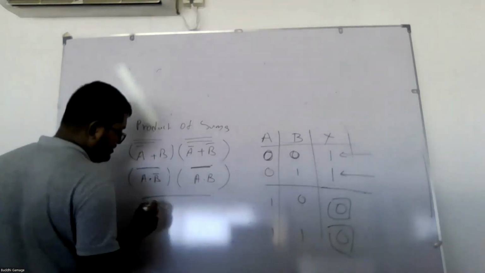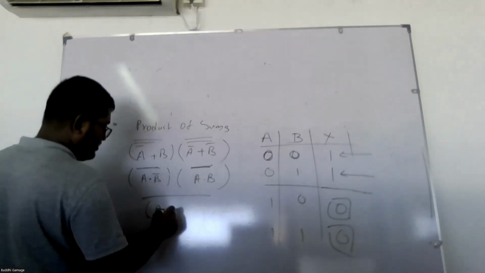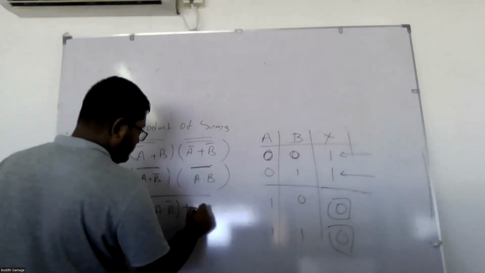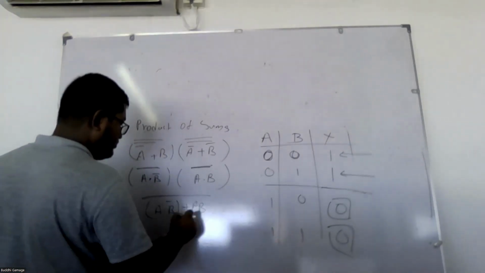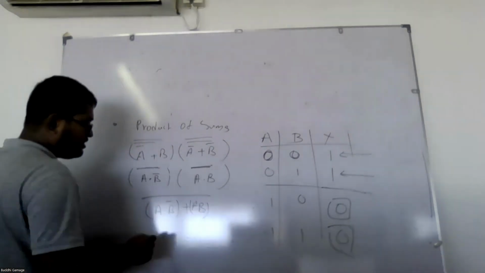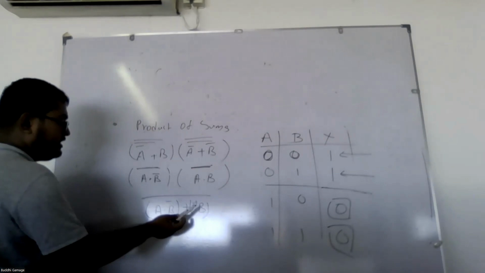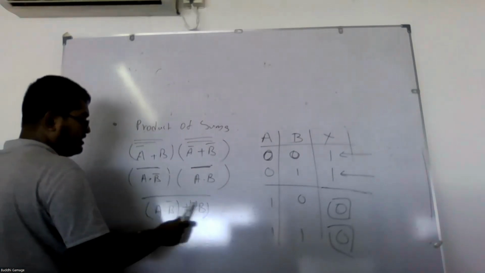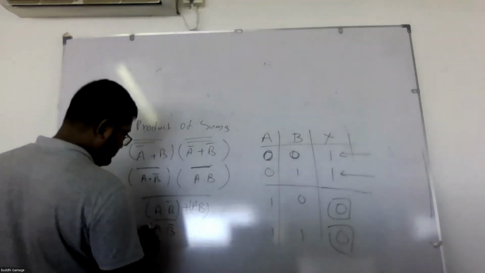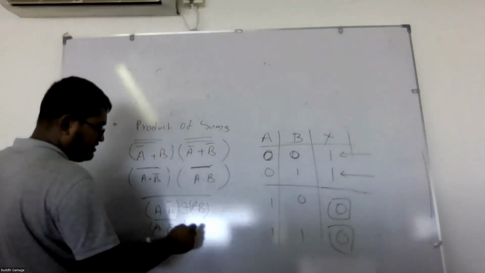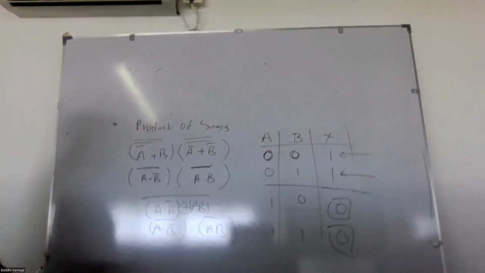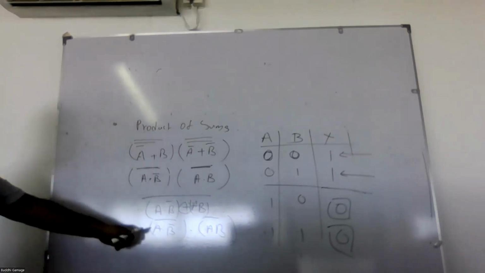So that means all negation of A B bar plus A B. So we apply De Morgan's law, what happened? If we need to do the negation for each operand, so that means A B bar, and this will be changed to A B, right? So the same.